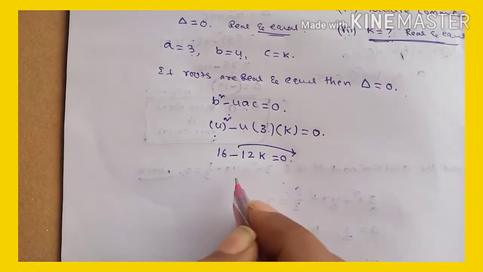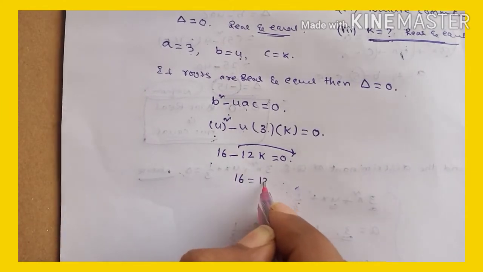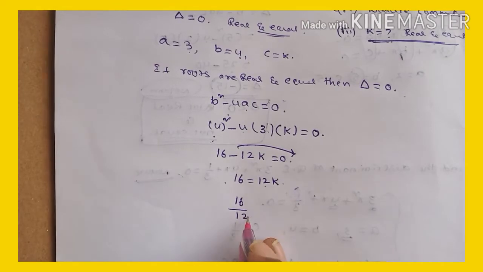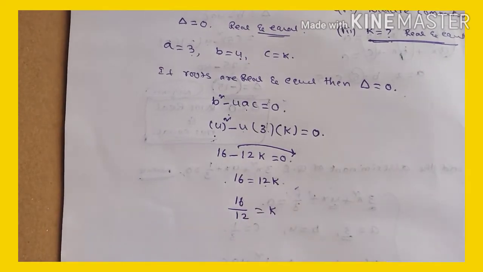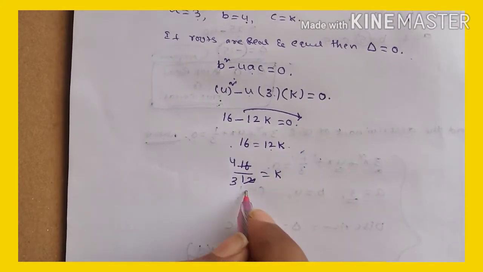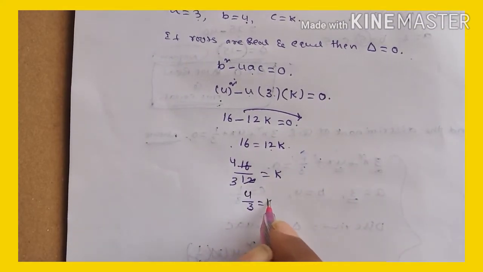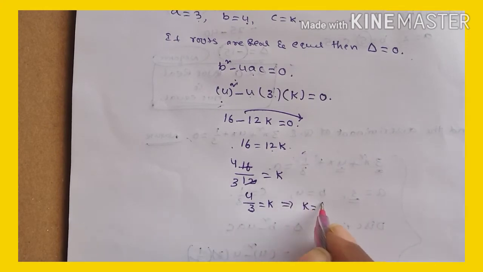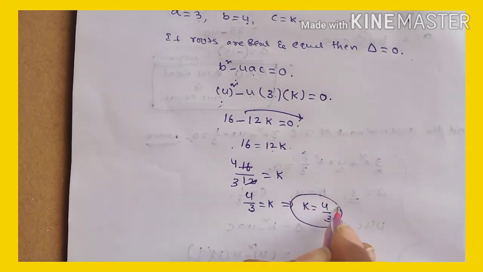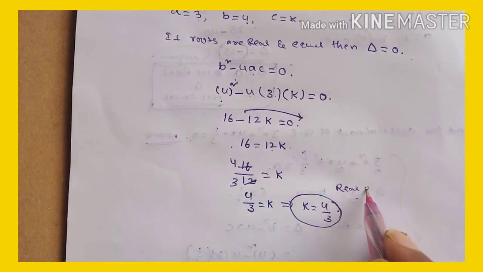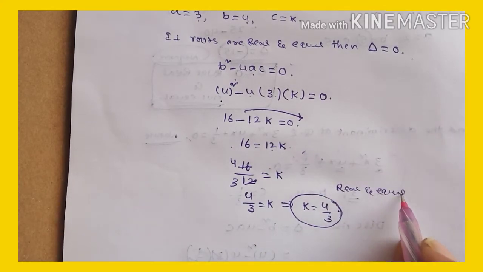Minus 12k, transpose, plus 16 is equal to 12k. 16 transpose by 12 is equal to k. 4 table: 4 3s are 12, 4 4s are 16. So 4 by 3 is equal to k. In that case the value of k is equal to 4 by 3 if roots are real numbers and also equal.